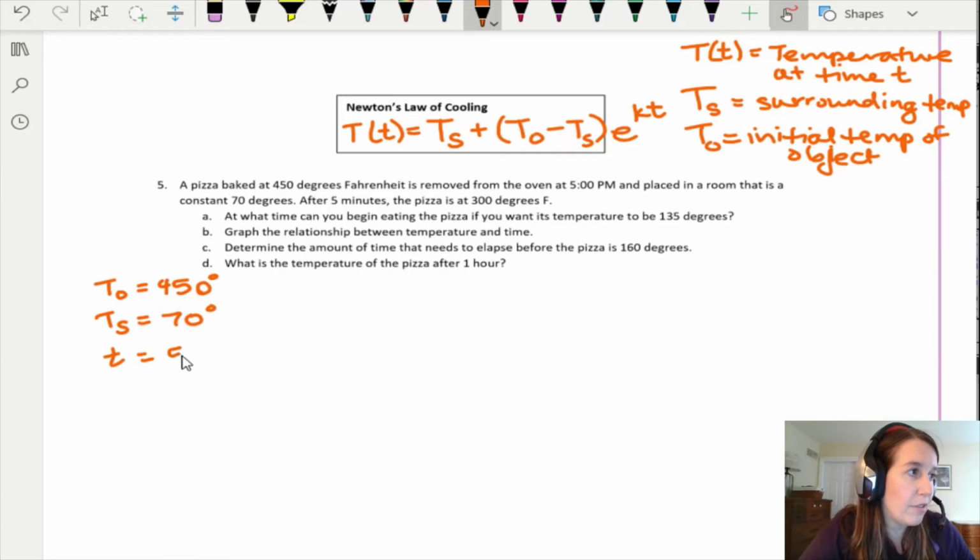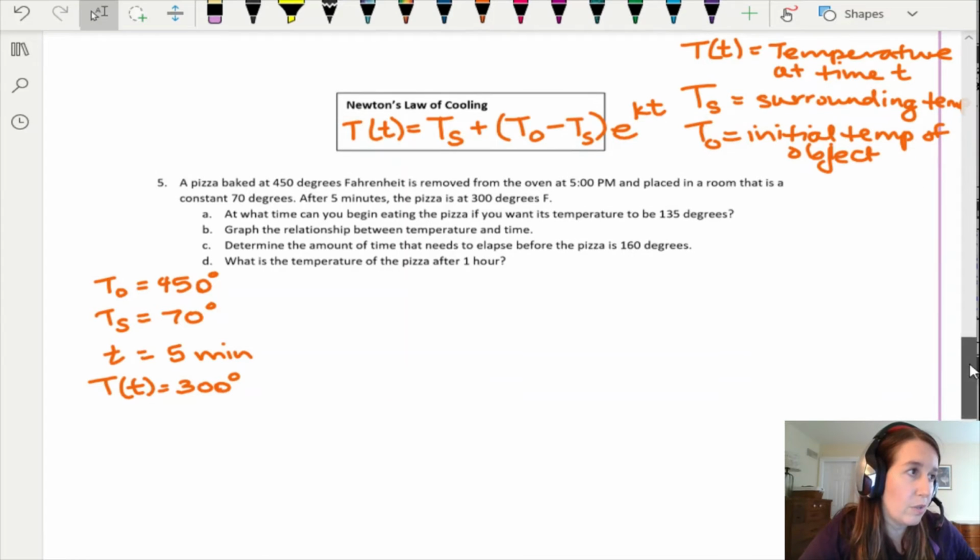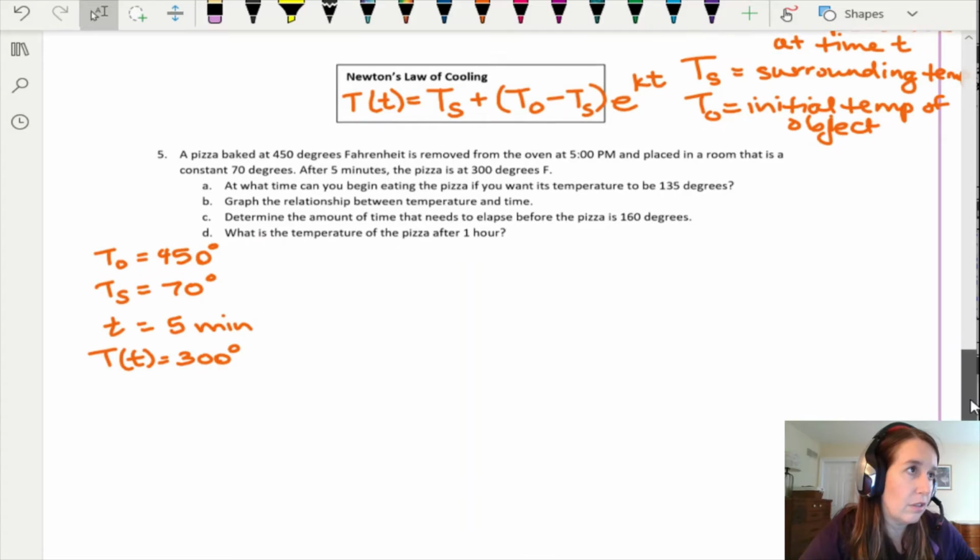So the time is 5 in minutes. And then we know that the T at time t, after 5 minutes, is 300 degrees. All of this information, we're going to plug into the equation so we can find that k value, the constant of decay. So let's give ourselves a little more space.